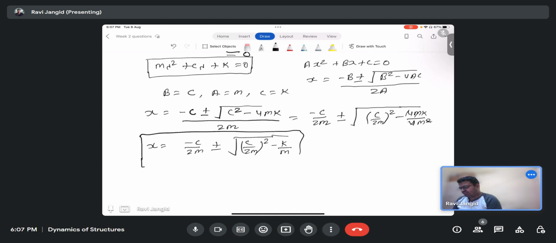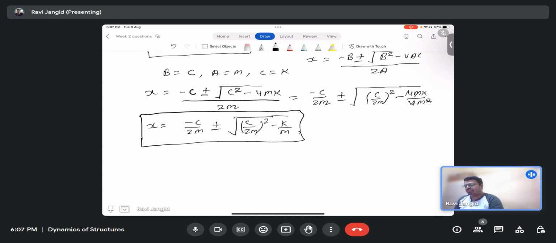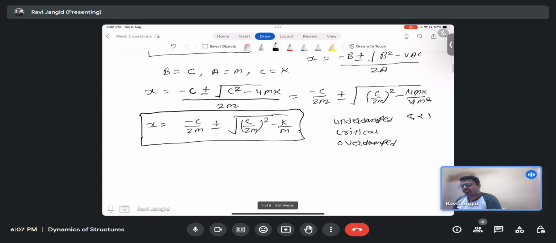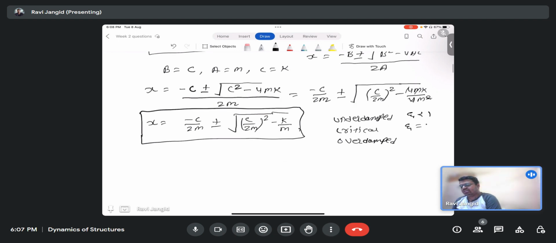If you go through the week 2 content, we have three types of damping: one is underdamped, one is critical, and another is overdamped. For underdamped, zeta is less than 1. For critical, zeta is equal to 1, and for overdamped, zeta is greater than 1.